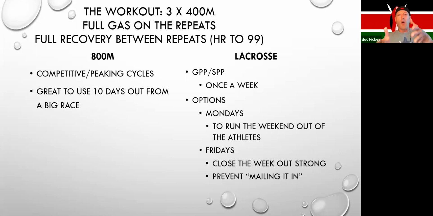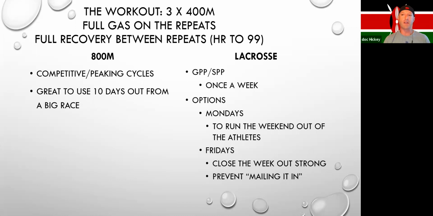So we're not quite in our competitive phase. We're coming out of our SPP, specific physical prep, but it's 3 by 400 meters, and it's going to be full gas. When I say full gas, I mean if we're looking at our Polar data, we're going to be deep, deep red, high in that red zone after about 25, 30 seconds of running.